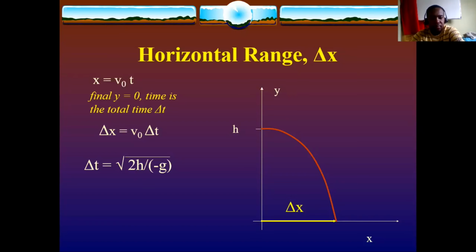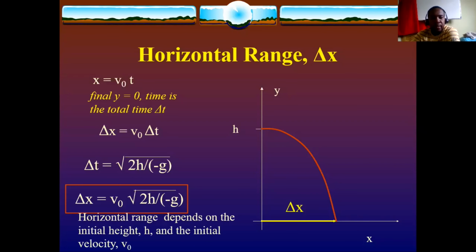So the change in x, your range, is equal to your initial velocity in your x plane times the time it takes for it to complete its entire journey. So we can substitute both equations, and we get the range equals v naught times the square root of 2h over negative g. And that gives us the range in which the object will move in your horizontal plane.